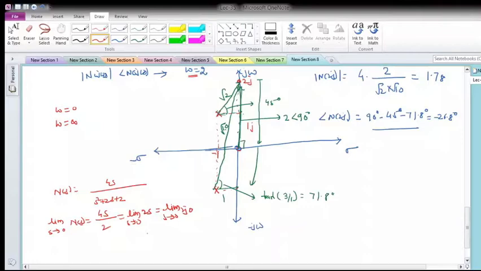So what is the magnitude at 0j? Magnitude at 0j will obviously be 0, but what will be the angle? I have to evaluate it. What is the angle from the poles? This will be 45, this will be minus 45, so 0. And what about the angle from the zero? I am traversing on the j omega axis, that's why the angle is 90 degree.